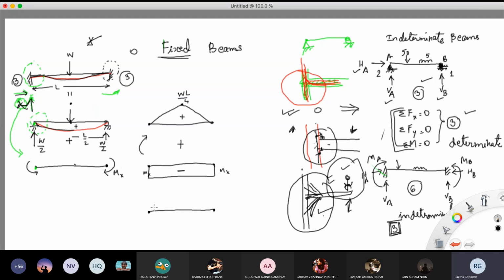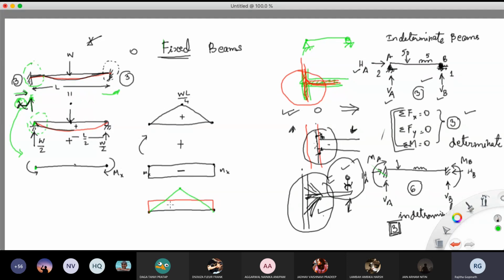So I will get some remainder of the things, right? So this is the negative area. And this is the positive area. This is the negative area. This is the positive area.